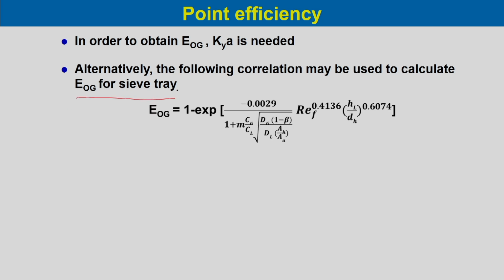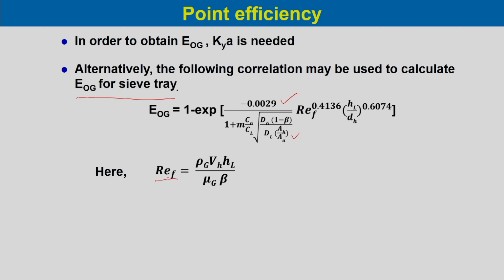So, one of them is E_OG would be equal to 1 minus exponential of minus 0.0029 divided by 1 plus m C_g by C_l, into root over D_g into (1 minus beta) divided by D_l, into (A_h by A_a) whole, into Re_f to the power 0.4136, into (h_L by d_H) to the power 0.6074.